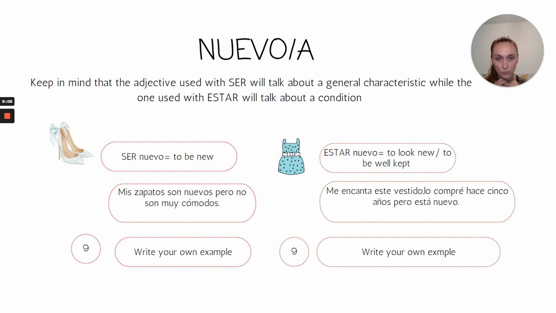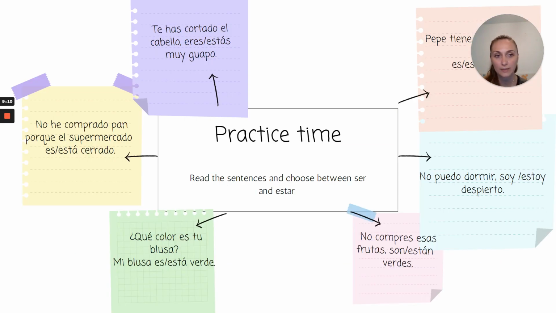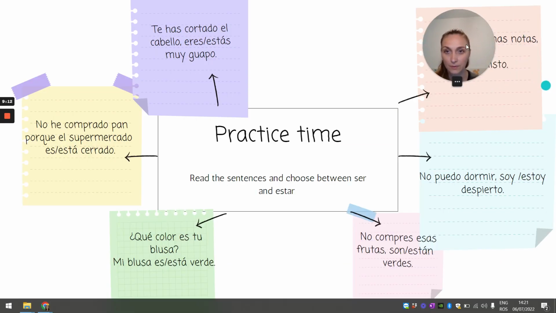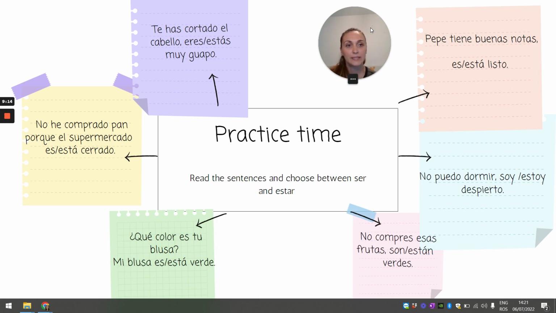Now, obviously, take your time to analyze each of these adjectives. I would like you to practice a bit with what you have here. Okay. Basically, you have to choose the correct version. For this one, my recommendation would be you read your sentences, write them down, and write them with the correct form. Okay?